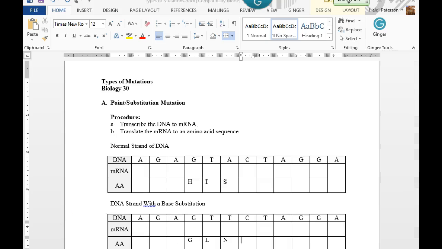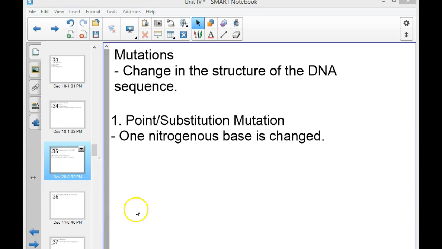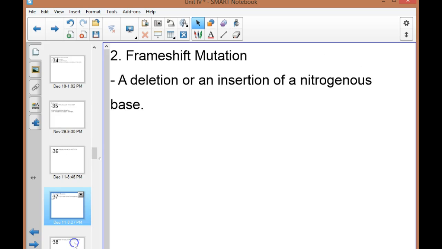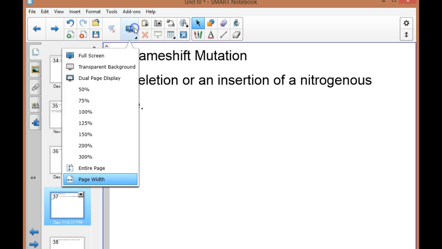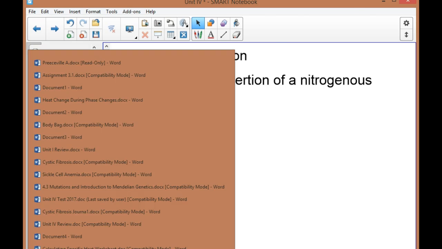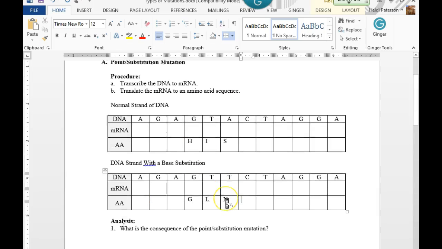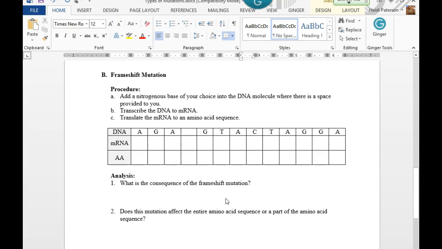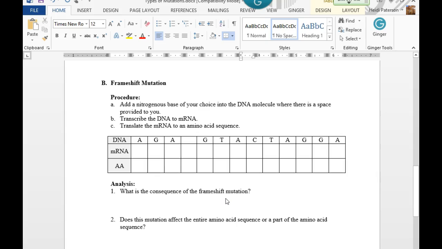The next change is what's called a frame shift. Sometimes this will be referred to as an insertion or a deletion. In a frame shift mutation, you have something that is added or completely deleted from the amino acid sequence.